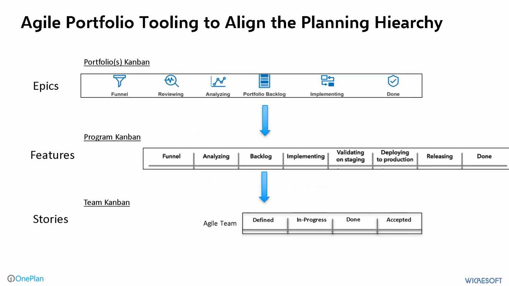From a practical standpoint, aligning to all the areas of the organization that are actually executing also comes into play. So here I'm showing how epics need to connect to that program Kanban, that need to connect to the team Kanban. So you have different levels of the organization that are going to be executing on that delivery of value, and the need to have tooling that supports your planning hierarchy.